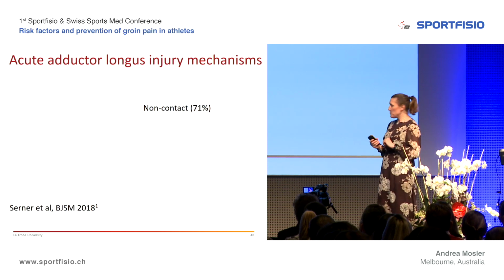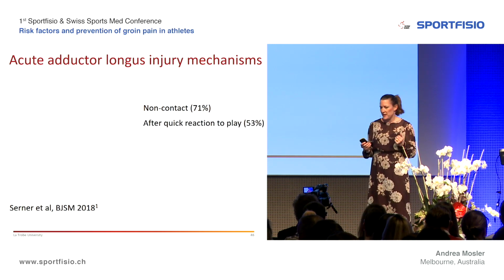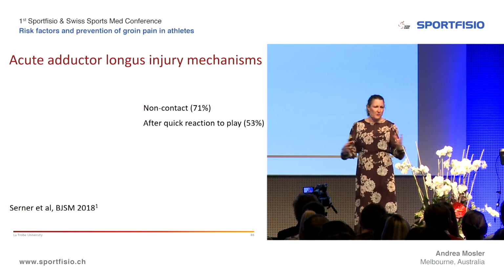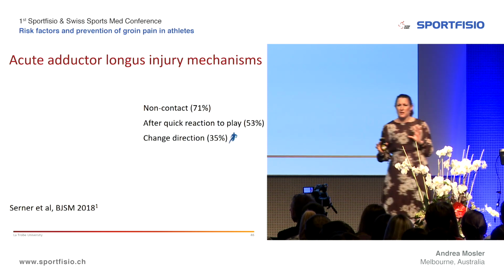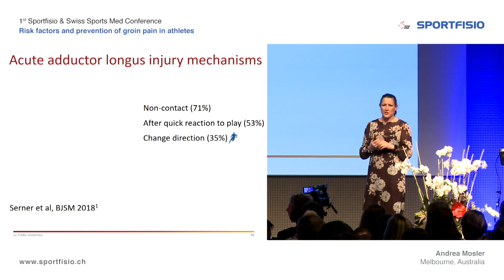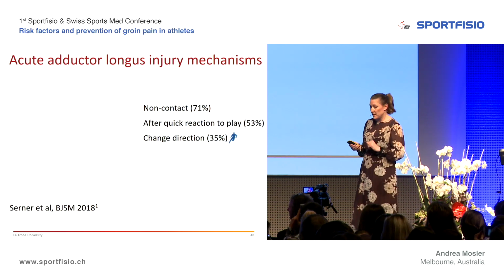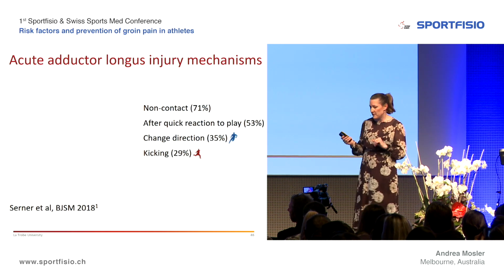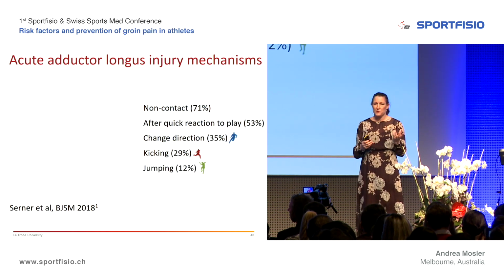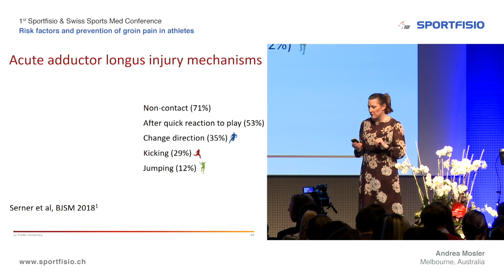We found that 71% were in non-contact situations and 53% were after a quick reaction to play. Change of direction activity like that one resulted in 35% of the injuries. Kicking was another third, 29% of the injuries, and jumping was 12%, and the rest we couldn't really categorise.